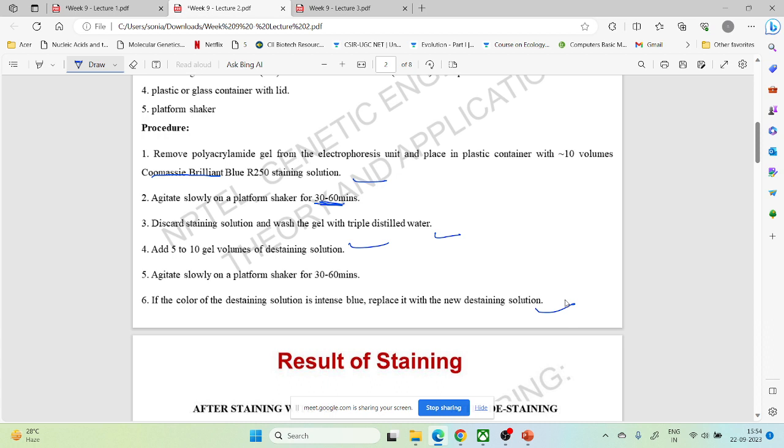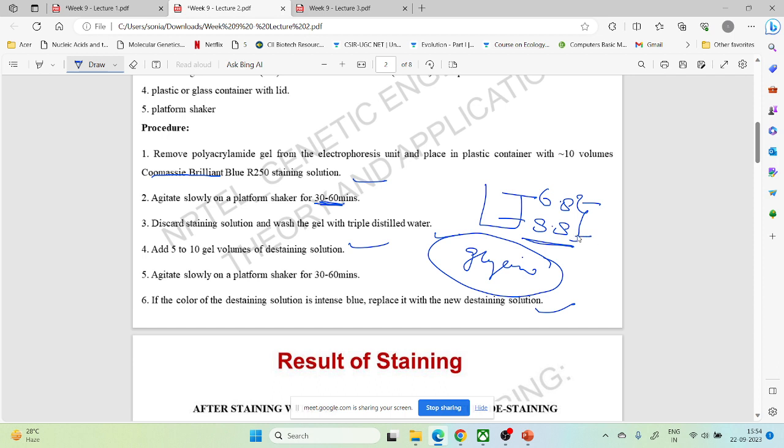Then you have vertical and horizontal electrophoresis. Here we are talking about vertical electrophoresis. In vertical electrophoresis, you have a stacking gel and a resolving gel. Stacking gel pH 6.8, resolving gel pH 8.8. This difference in pH will cause a difference in the mobility of glycine, and therefore your sample is able to stack or resolve.